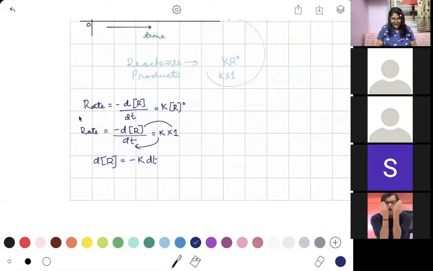Now if I have this particular reaction with me, if you were to integrate, again, concepts of your mathematics are really important. Unfortunately, I cannot teach you what is integrating and what is differentiation, because I don't know it myself.